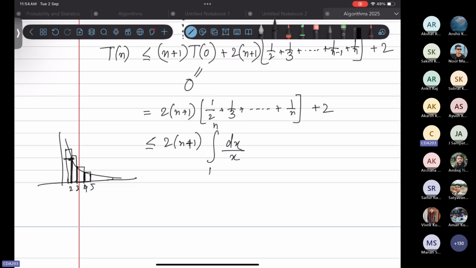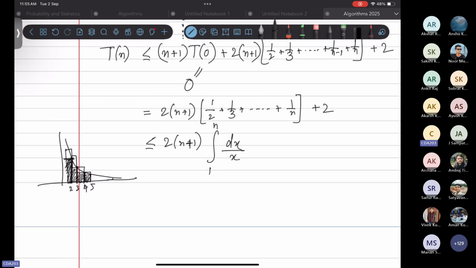What we are saying here, these shaded regions, and that is less than the quantity under this curve. What is this curve? It's 1 by x, right?